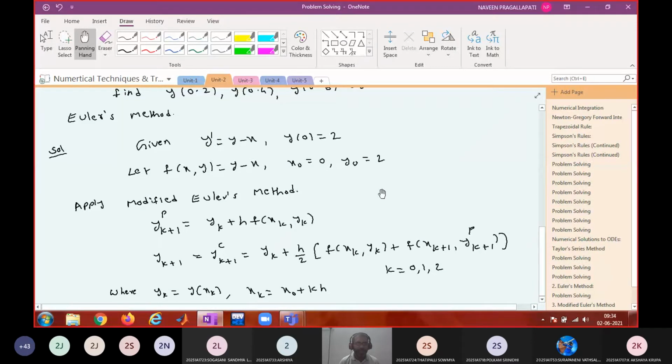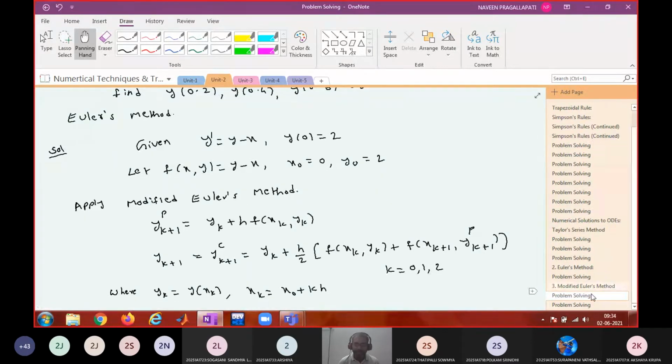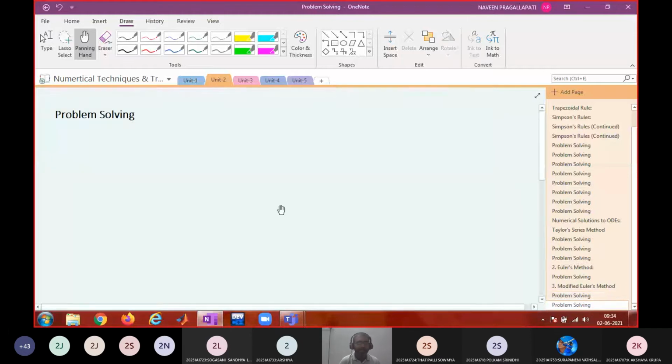Yes. Right. Now first find out y1 predictor. So what is y1 predictor? It is y naught plus h into f of x naught, y naught.